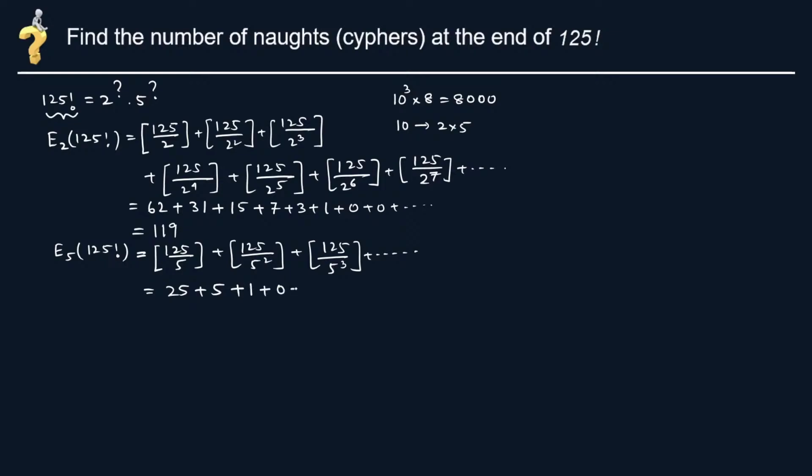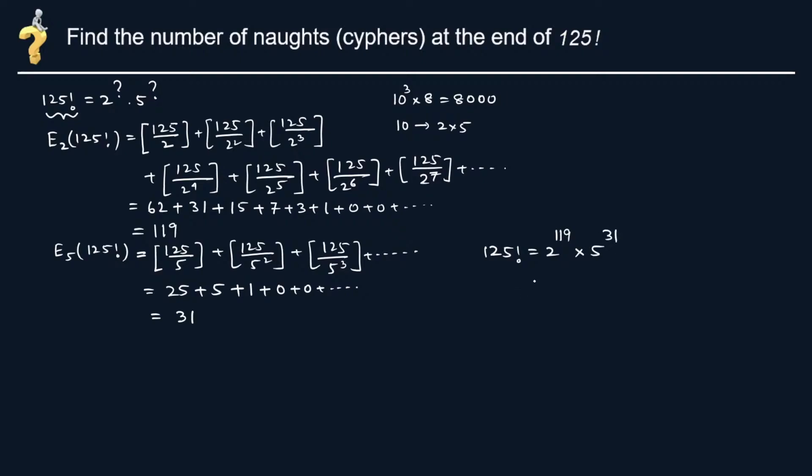And after that, all zeros will come. Is it clear? So we are getting basically 31. Therefore, the exponent of 2 in factorial 125 is 119, and that of 5 is 31.